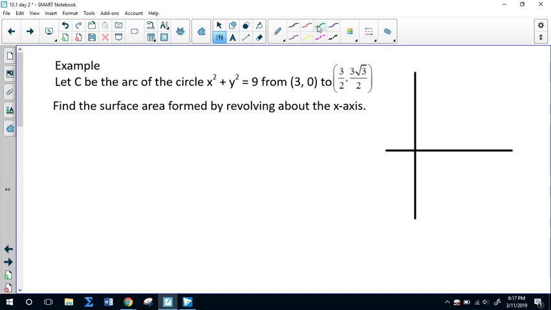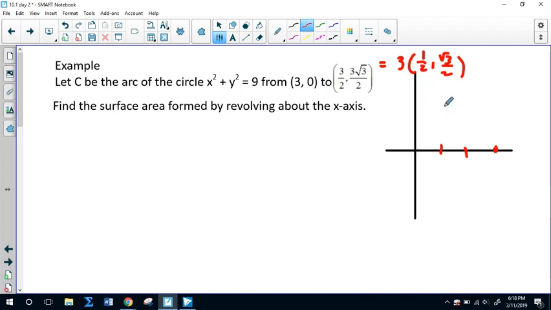Okay. So the point (3, 0) is over here, radius of 3, 1, 2, 3, and the circle's going to go this way. And the point (3/2, 3 root 3 over 2), you really want to think about where that is on the unit circle first. So this is really 3 times (1/2, root 3 over 2). And the (1/2, root 3 over 2) is going to be at, I'm letting you see if you remember, pi over 3.